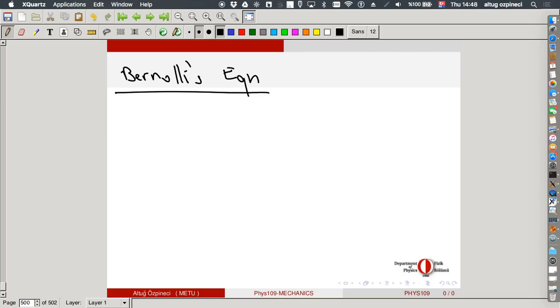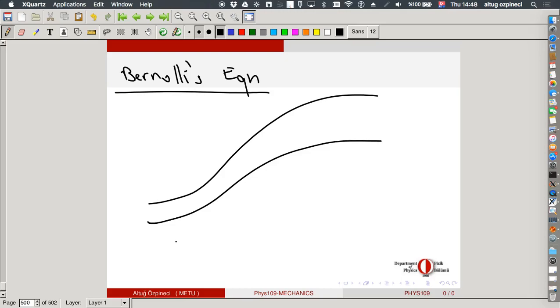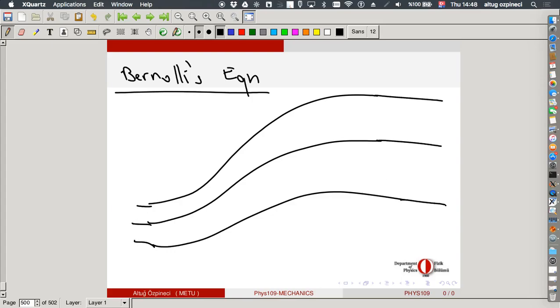Now we will still assume a steady flow. That is, we will have streamlines. So this might be some region of the liquid which is flowing. There is gravity. This is the direction of g.